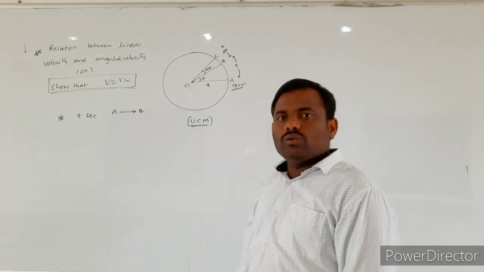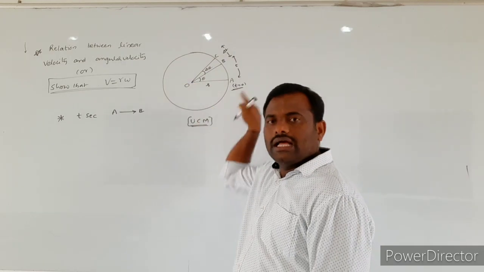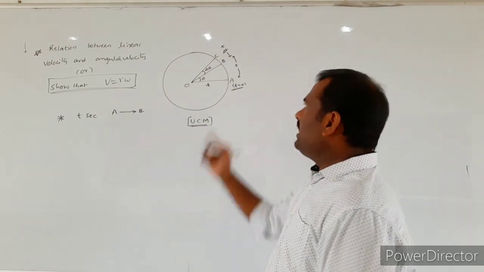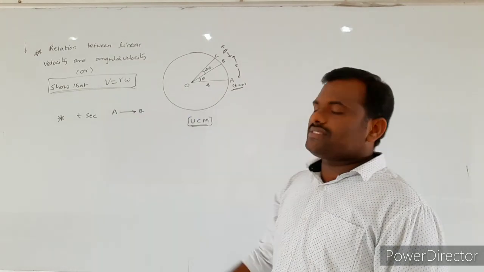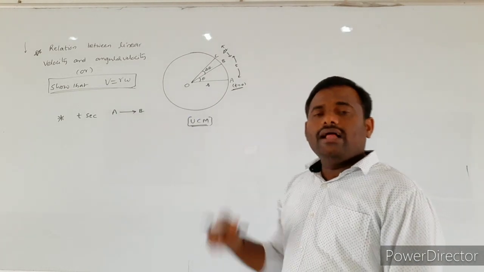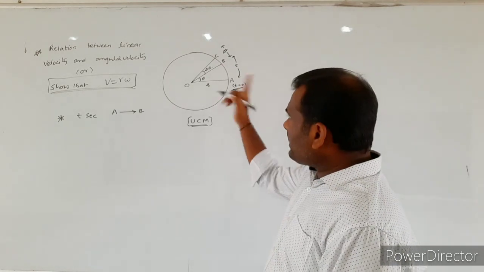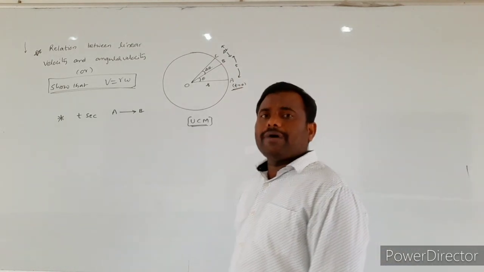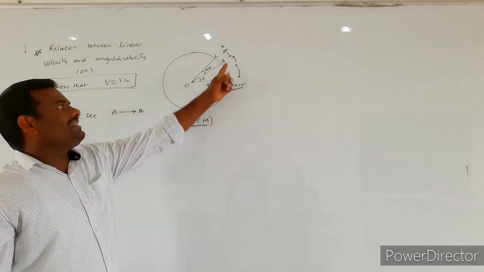Once it comes into motion, it is revolving. During its motion, it will cover different points at different time intervals. I assume one of the points is B, and the particle crosses the point B after t seconds.